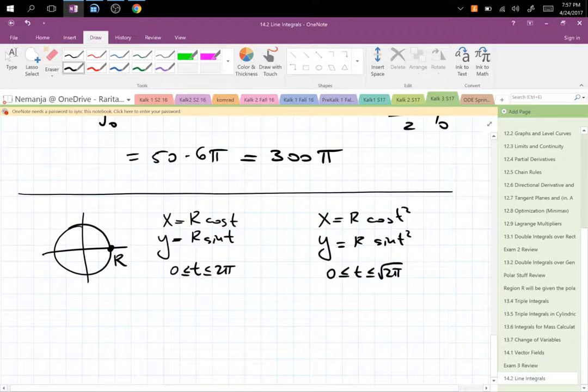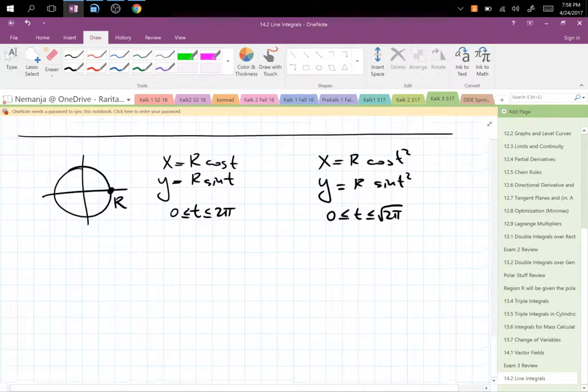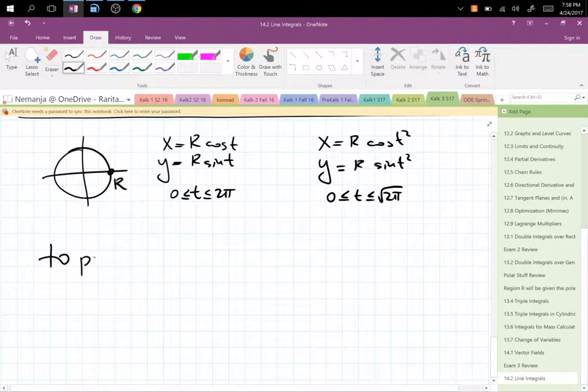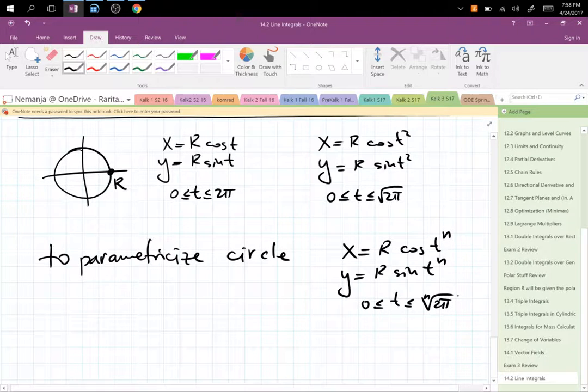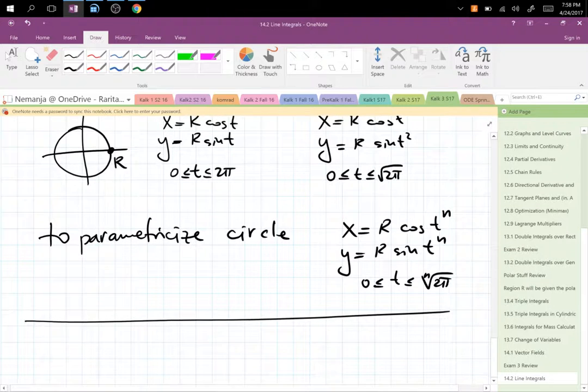So you can have any order to parametrize a circle: x equals r cosine t to the n, y equals r sine t to the n, 0 less than t less than nth root of 2 pi. So you can make it as annoying as you want. That's the little parametrization there.